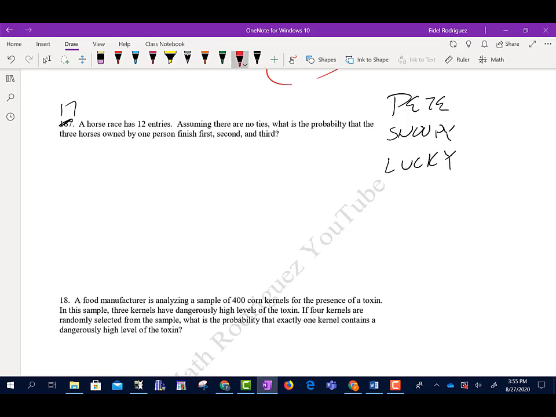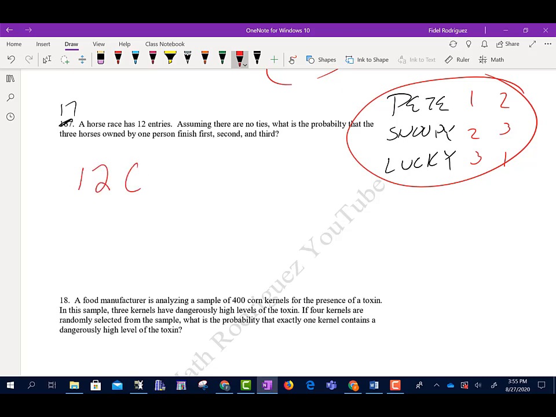It really wouldn't matter if this is first, second, and third, or this one is first, this one is second, this is third, because his 3 horses still got first, second, and third. They don't really care what order this one is in, right? Because they're all going to belong to the same guy. So we're going to do a combination. We're going to say 12 choose 3, because we don't care as long as his 3 are in that group.